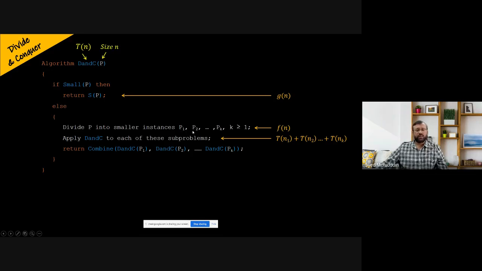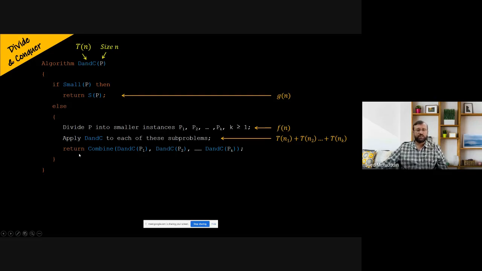Then again a recursive call is made to P2, so it will take T(N2), assuming the size of P2 is N2, and so on till Pk, that is T(Nk). This is a summation, because divide and conquer is called for each and every subproblem, so it takes T(N1) plus T(N2) plus T(Nk) as the time.